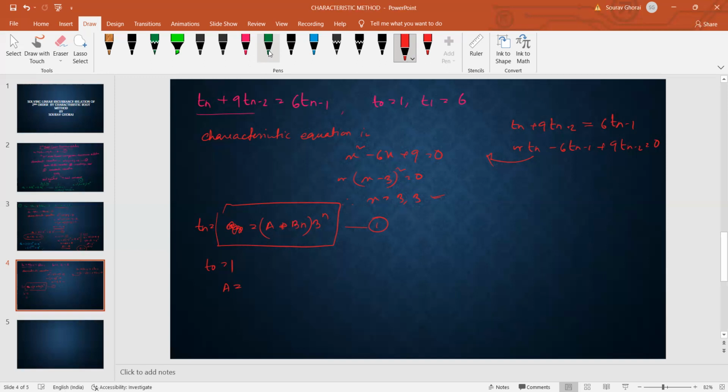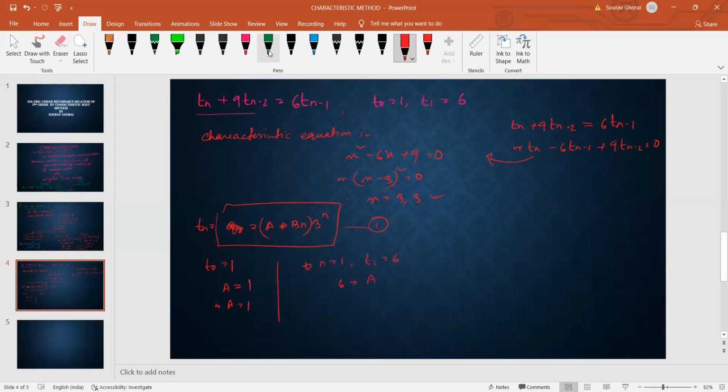That is T0 is equal to 1. So from here, if we put n is equal to 0, that is a into 3 to the power 0 is equal to 1, so we get that a is equal to 1. And if we put n is equal to 1, we get T1 is equal to 6.